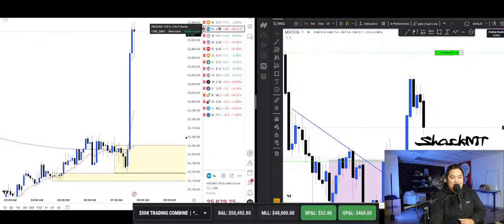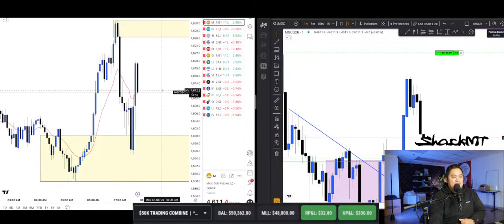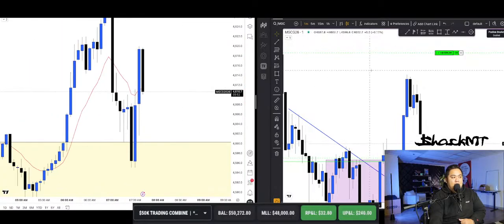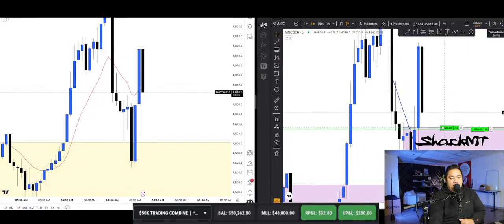Those NASDAQ longs. NASDAQ longs hurt. I think NQ is coming, or gold's coming down to test this little area here. 5-minute demand. So I'm going to try giving it as much room to breathe.